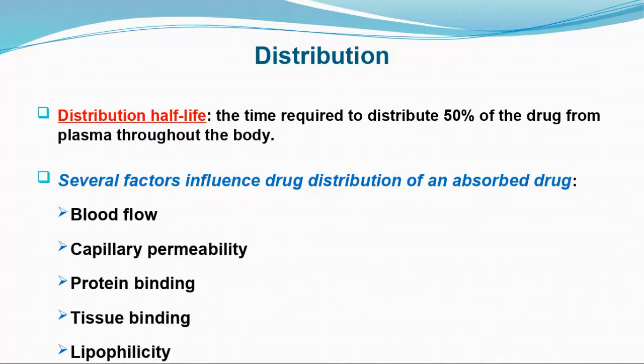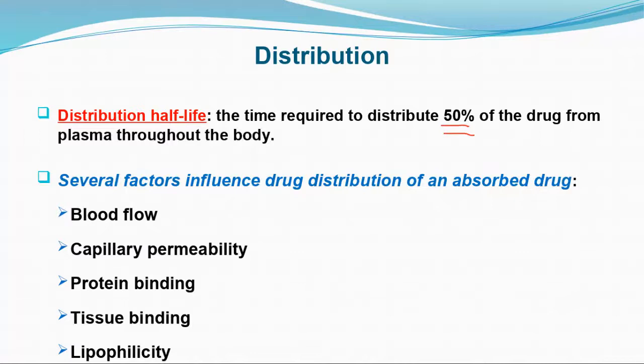Half life always means half of the time required. What is it? The time required to distribute 50% of the drug from the plasma throughout the body, through the different water compartments and cellular compartments.